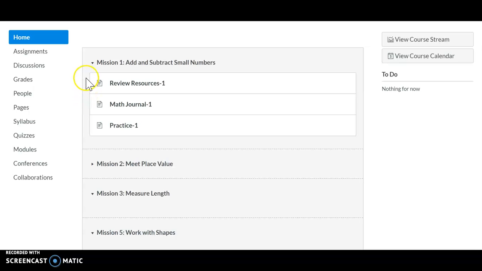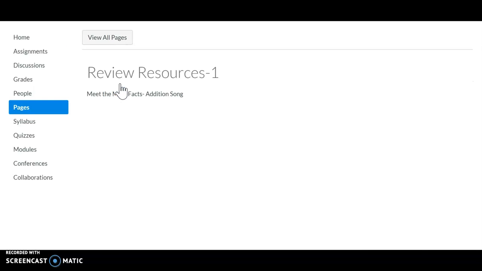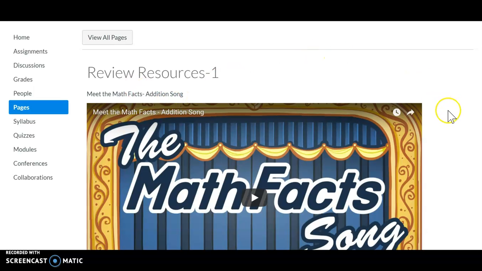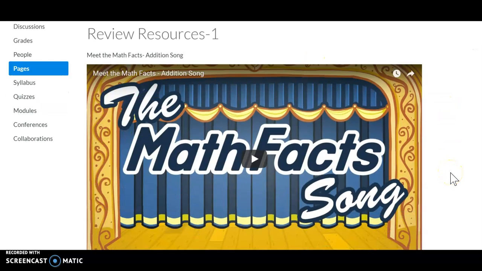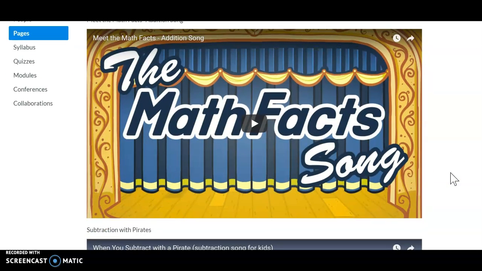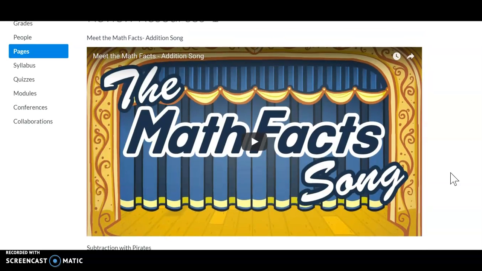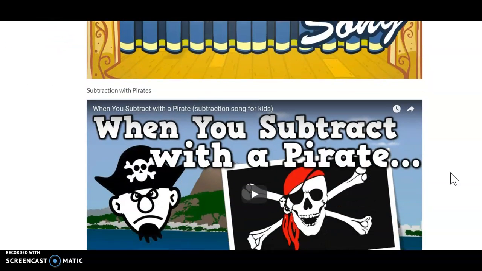So in mission 1, they're working on add and subtract with small numbers. If they're feeling like they need to review, they could come to this review page, and there are some fun math facts songs that they could do.